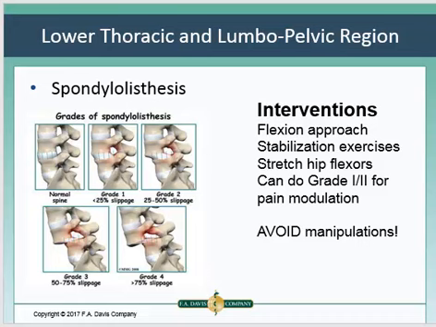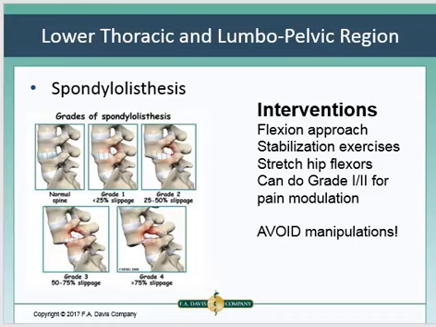So grade 1 is up to 25% slippage, and how they measure that is the size of the vertebral body. So if only 25% of the vertebral body is slipping anteriorly, that's considered a grade 1. Grade 2 is 26 to 50, grade 3, 51 to 75, and grade 4 is more than 75% anterior slippage.